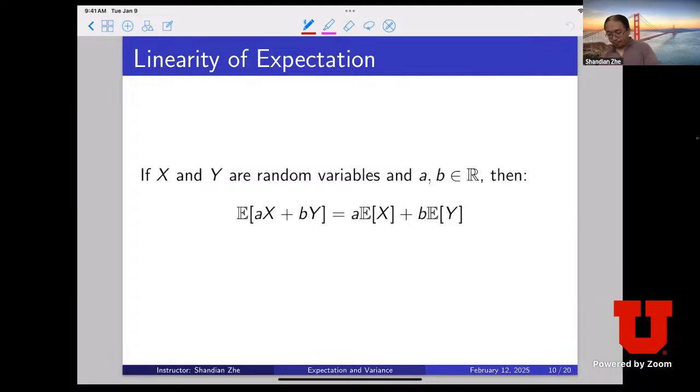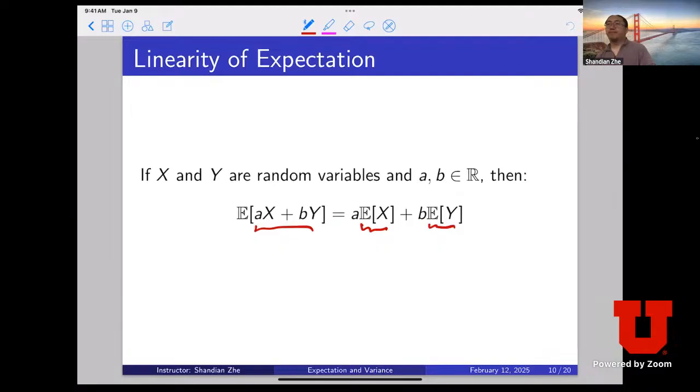So if we do a linear combination of x and y, where x and y are two random variables, they might follow totally different PDFs, and then I take the expectation of their combination, it is the same as first taking the expectation of x and of y, then doing the linear combination.